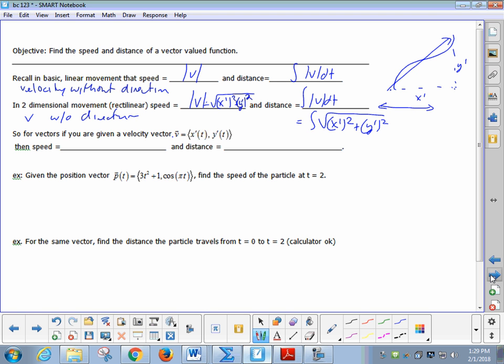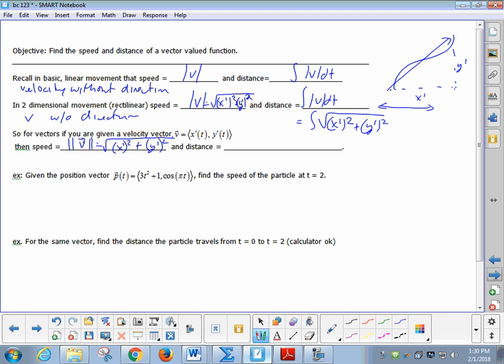What's the vocabulary? The amount of velocity, who cares about the angle? The magnitude, okay? The speed is the magnitude of the velocity. Now in vectors, we typically write that with double bars. It's the magnitude of the velocity. I don't care about the angle. But it's still the components in the Pythagorean theorem.